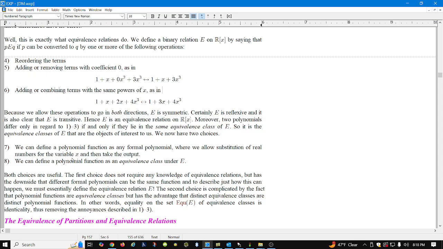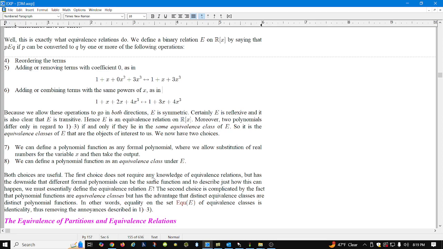One of them is a little easier to cope with at first. The first choice here, just simply defining polynomial function as a formal polynomial where you can stick in values for x and out comes another value. So you can avoid mention of equivalence relations and equivalence classes and whatnot. But the downside, as I said, is the caveat that different formal polynomials can end up being the same function.